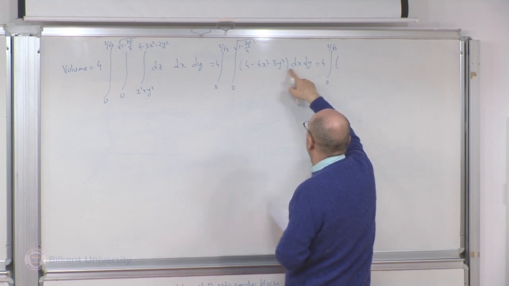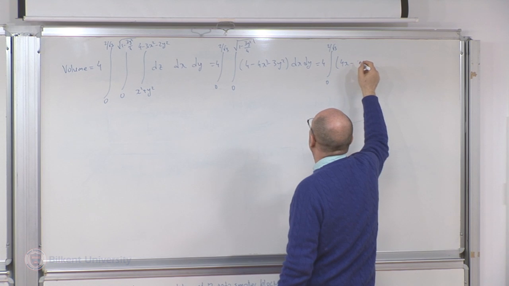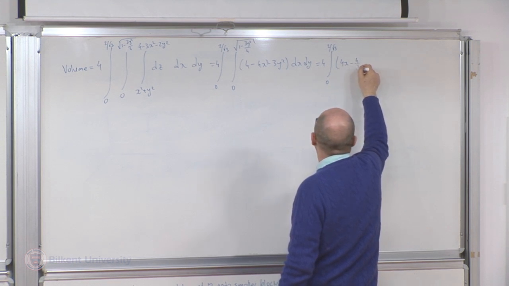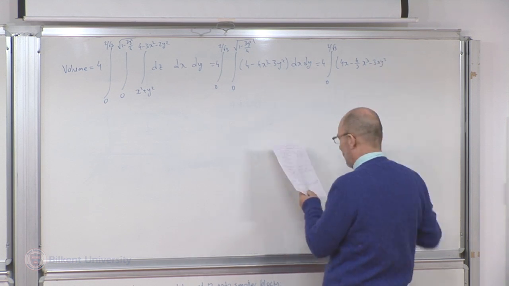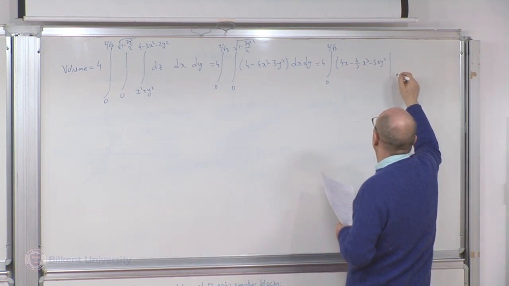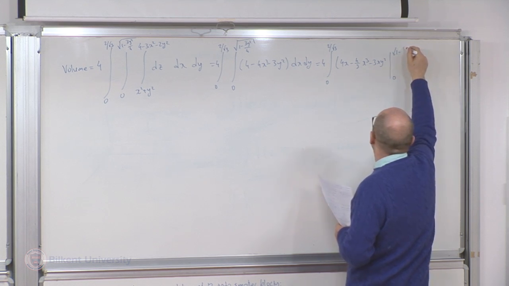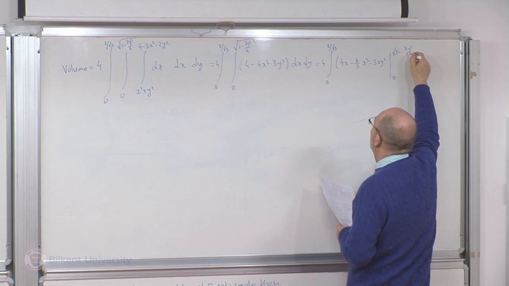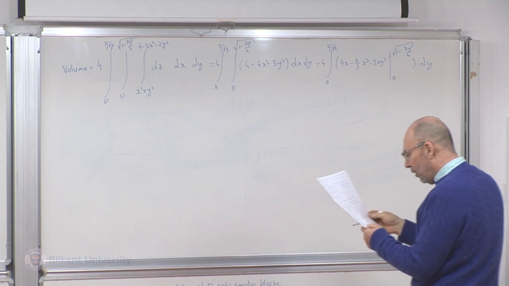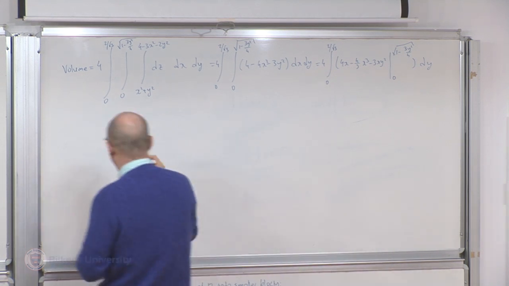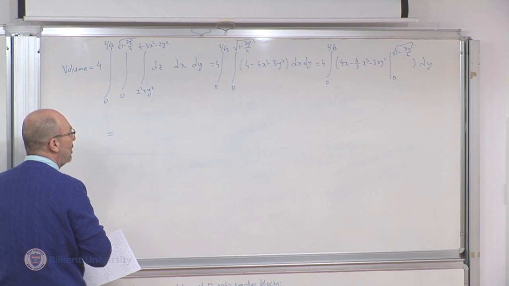I'm integrating with respect to x, so this is 4x minus 4 over 3 x cubed minus 3xy squared, from x equals 0 to x equals square root of (4 minus 3y squared) over 4, dy.